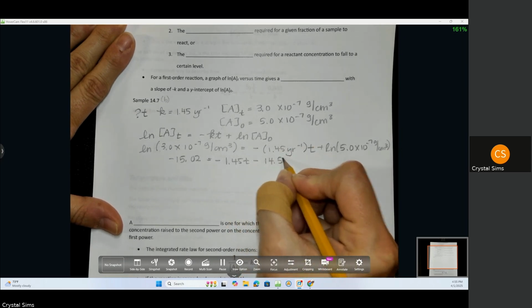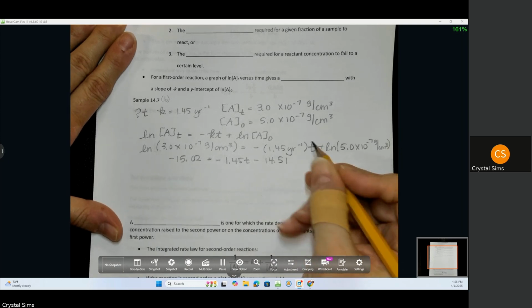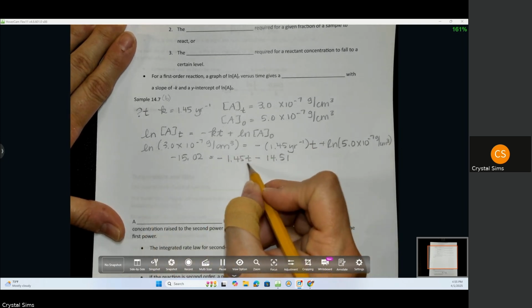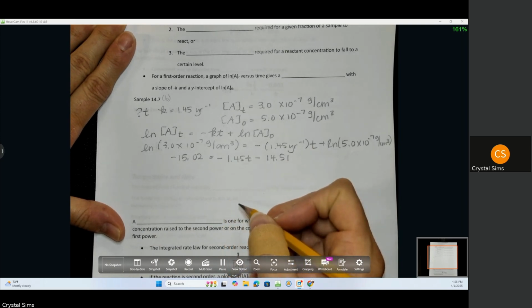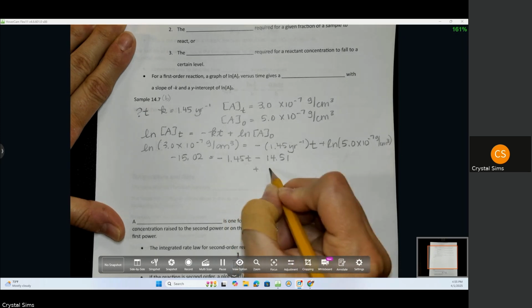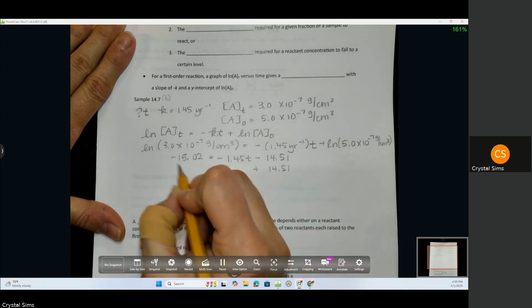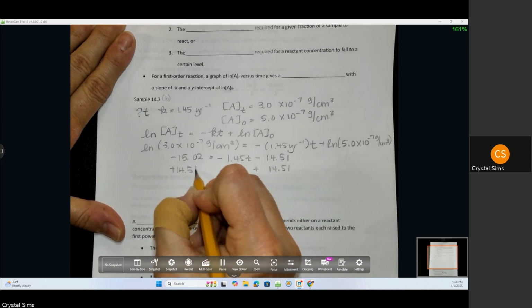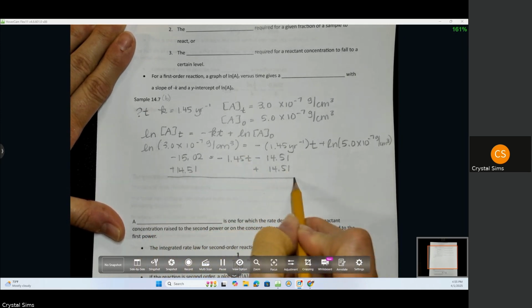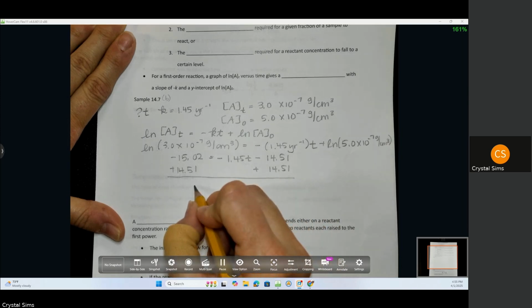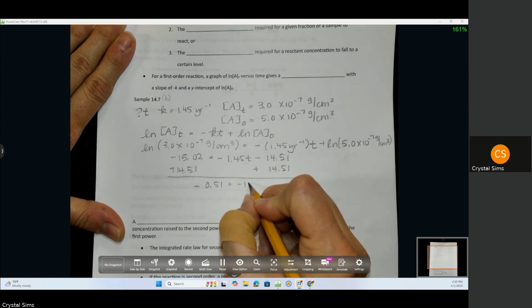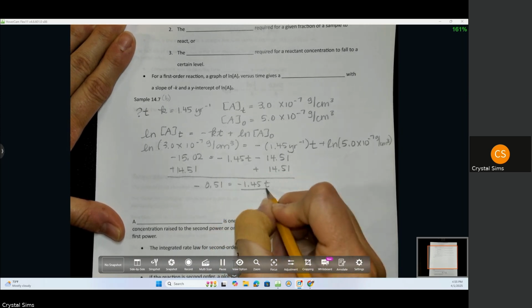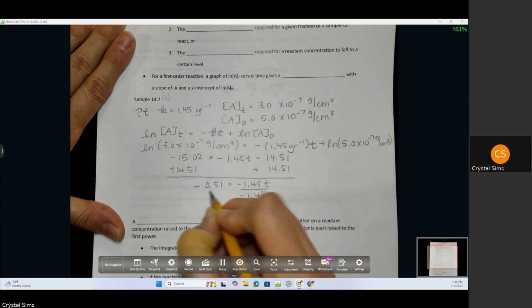negative 14.51. Now I need to isolate the T because that's what I'm trying to solve for. So I'm going to add 14.51 to both sides. Once I do that, I get negative 0.51 equals negative 1.45 T. Now I'll divide both sides by negative 1.45.